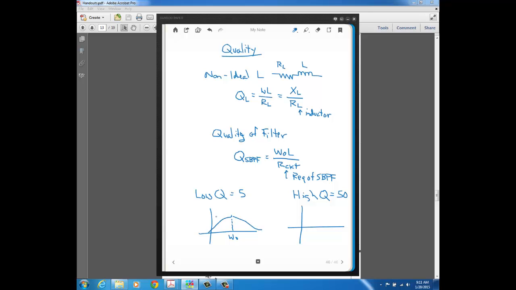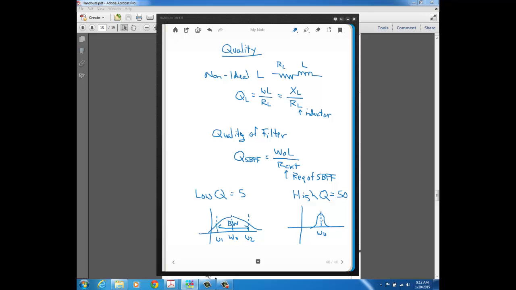You're going to have a large number of frequencies between your cutoff frequencies, omega 1 and omega 2, that are part of your bandwidth, that are the frequencies that get passed. Okay, but a high Q circuit, well, it's very selective. It's going to have a very narrow frequency response curve.